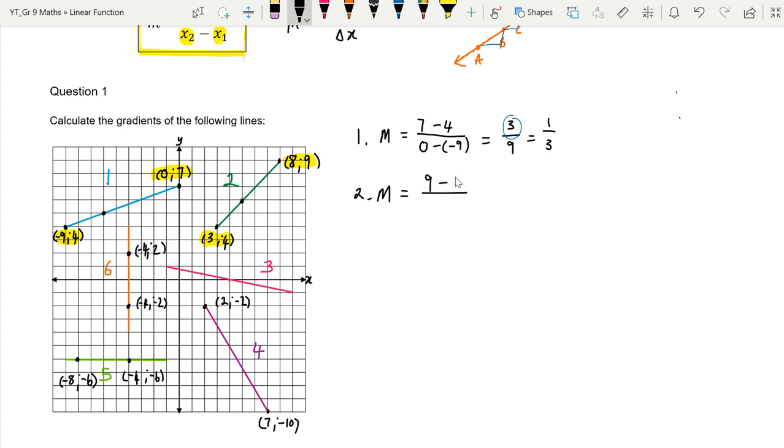Y minus y, start with the same point, x minus x. That gives me 5 over 5, which is just 1, a gradient of 1. So for every unit that I move 1 up or down, I will also move 1 to the side. Gradient of 1. Let's look at the third one.